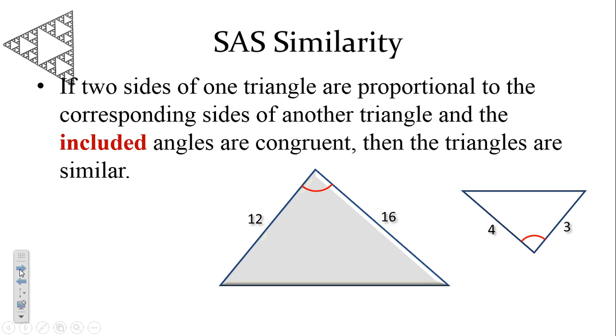If two sides of one triangle are proportional to two sides of another, and the included angle of those two triangles are congruent, then those triangles will be similar. Key word, included. Angle that's in between the given sides. Can't be just any angle, has to be the included angle.